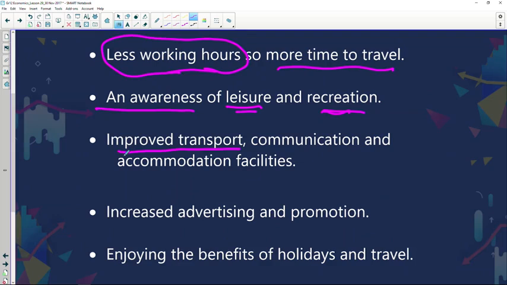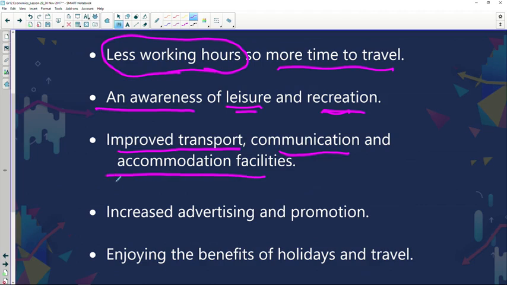Also, improved transport, so it makes easy access. We don't have to be on a ship for 8 months to get to the UK. It can take us 11 hours, something like that, to get to the UK. From South Africa, even less, I'm not quite sure, but it's just an estimate. But also, communications become easy with social media and so on, and also the accommodation facilities.